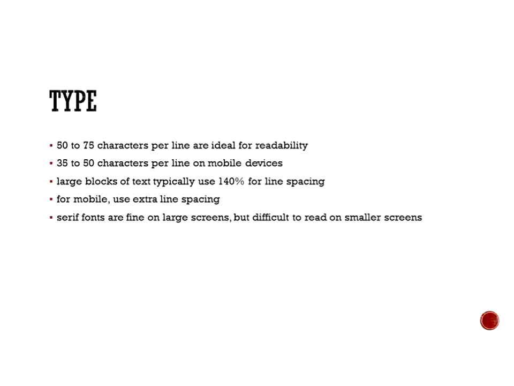It's called typesetter.org. But in the video, Stephen Hayes talks about 50 to 75 characters per line being ideal for readability, 35 to 50 characters per line on mobile devices, and then large blocks of text typically use 140% for line spacing.